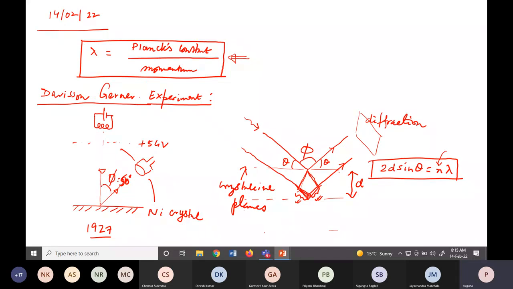So all Davisson and Germer tried to figure out was by putting this value of phi here, and they already know the d, that is the distance between two crystalline planes, from earlier Bragg's experiment. So they put phi equal to 50 degree.